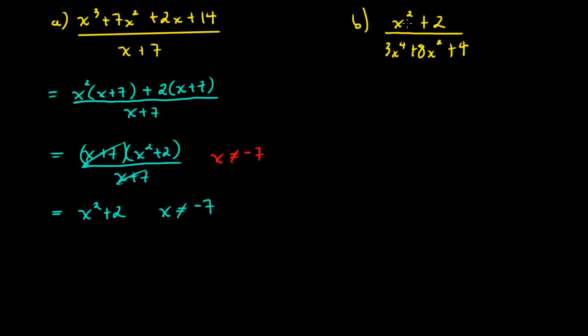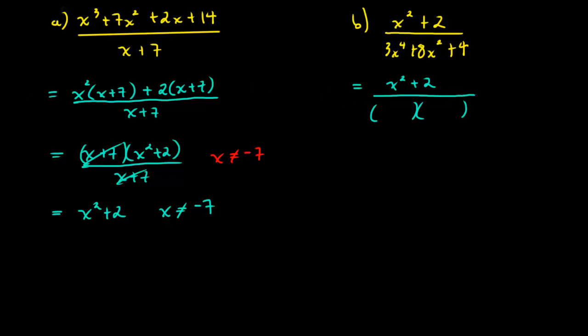In example B, I've got x squared plus 2 over 3x to the power 4 plus 8x squared plus 4. So again, first step is to try to factor the numerator and denominator. In the numerator, I can't factor x squared plus 2. In the denominator, I can factor this using guess and check.